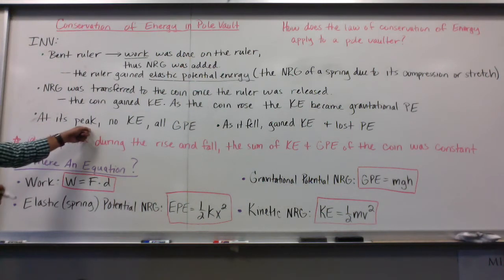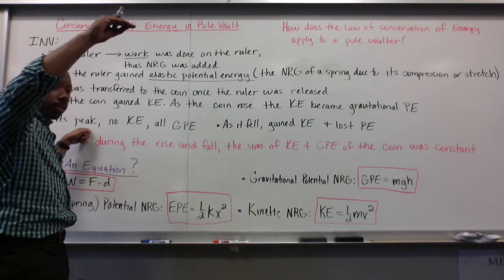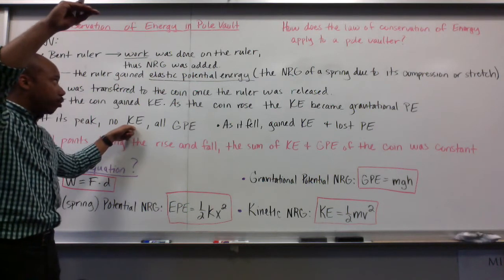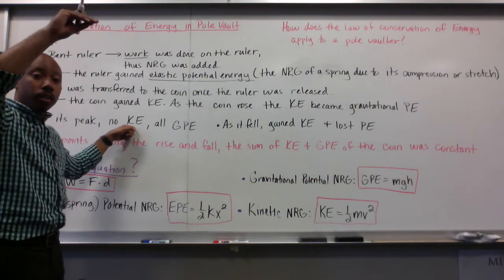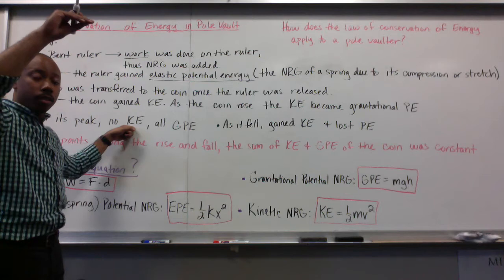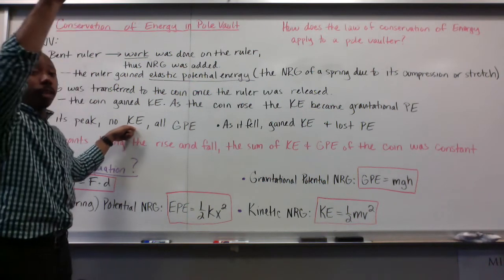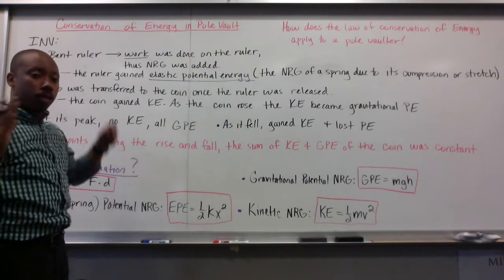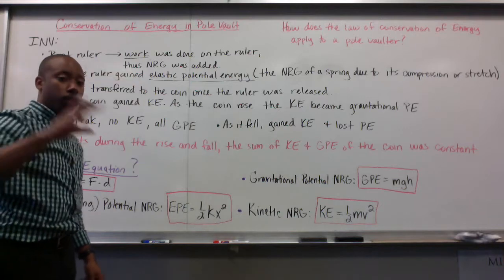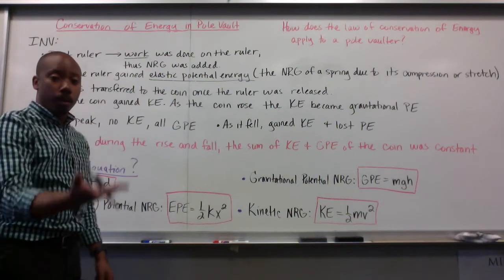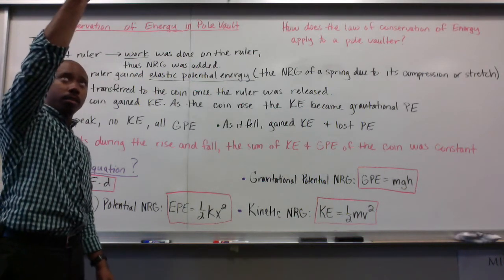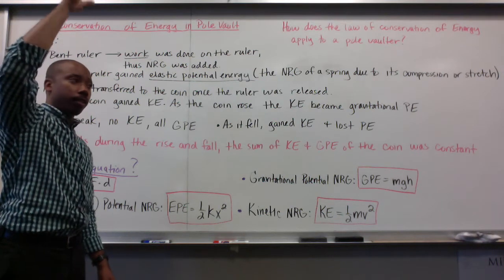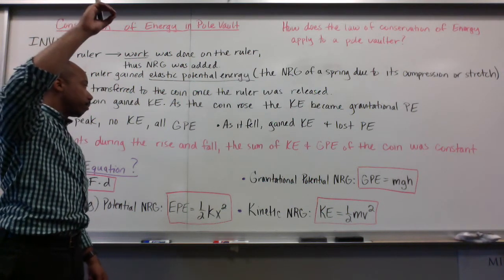At its peak, at its apex, there is no kinetic energy because we know velocity is zero at that point. And we're assuming we're just throwing the ball straight up in the air. My picture before was kind of a parabolic shape. I just wanted to show you the different points of flight. But we're assuming we throw the ball straight up in the air. So at Y max, there is zero velocity.